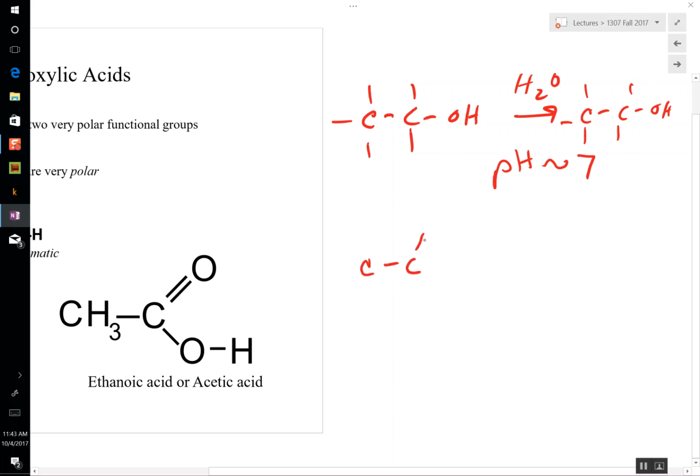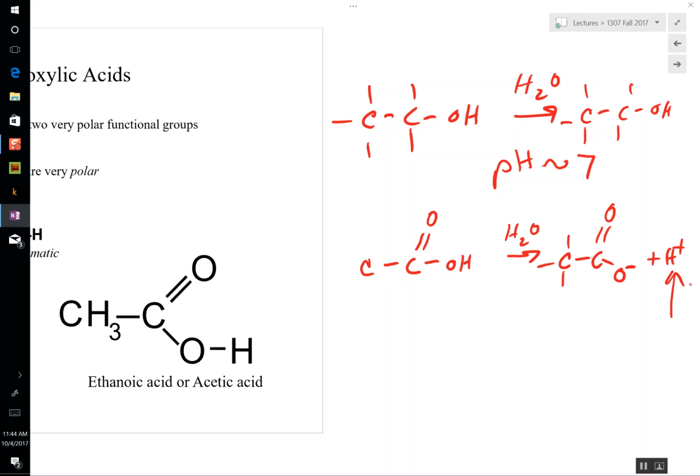But if you take acetic acid and put it in water, you're going to get somewhat of this ion and this ion. This is what we mean by an acidic hydrogen. It actually can dissociate off into the water, and so what happens to the pH? The pH is approximately 3. It drops. This is a weak acid.